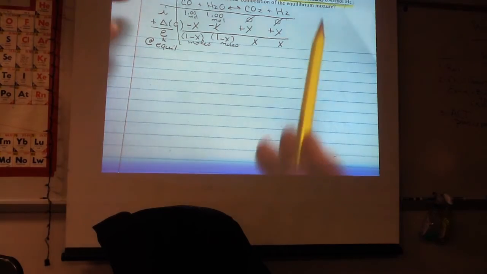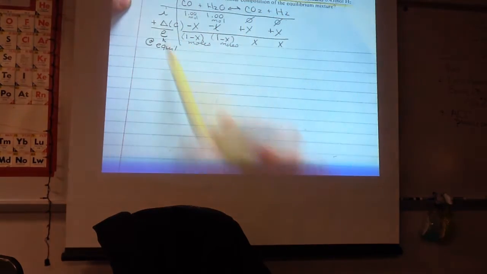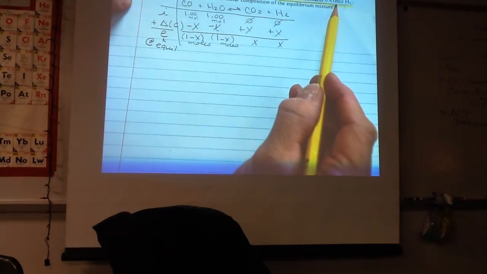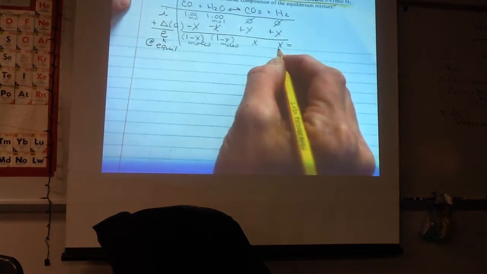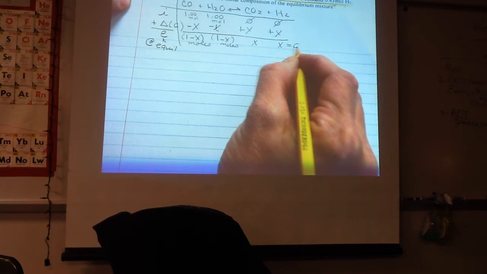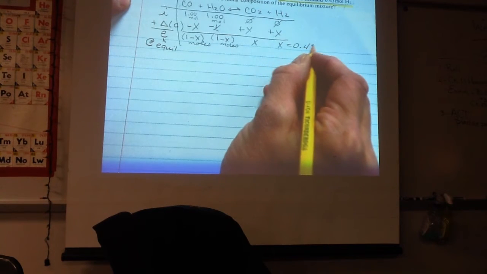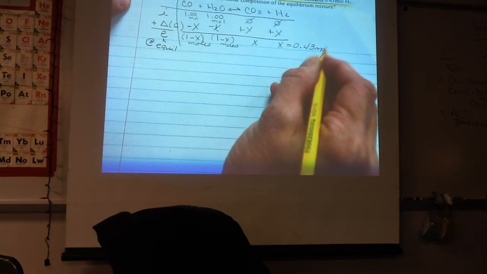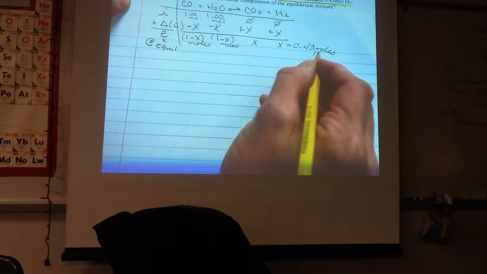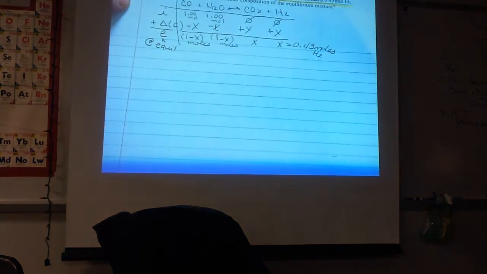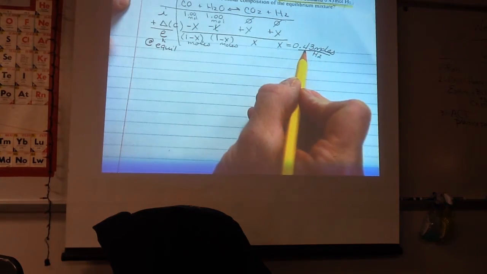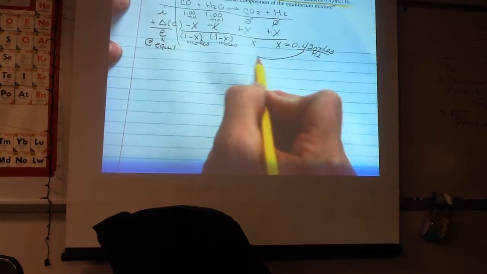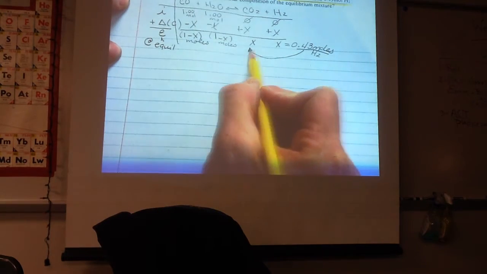So what we know, after we've set up our ICE table, is that this many moles of hydrogen is equivalent to this value at equilibrium, so we know what X is, and that would be the number of moles of hydrogen, and it is also equal to what? Not just hydrogen, but carbon dioxide.